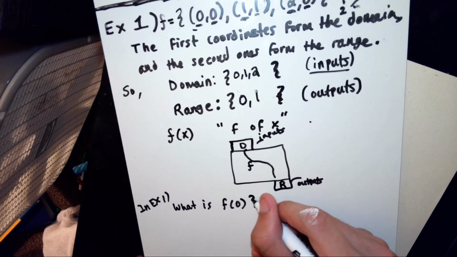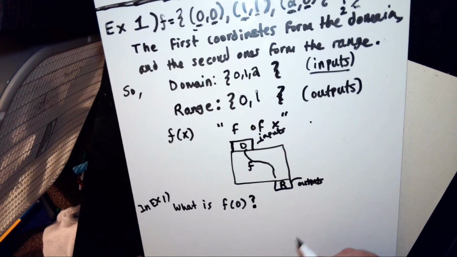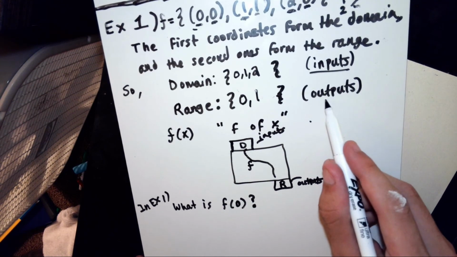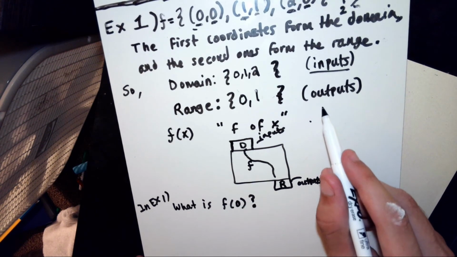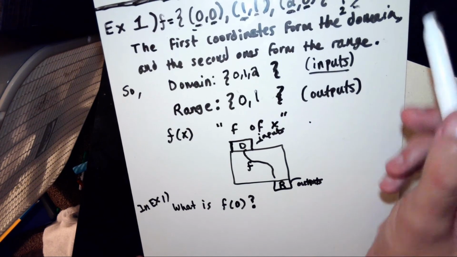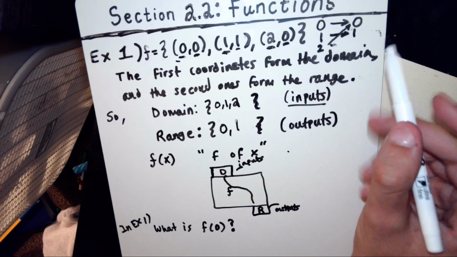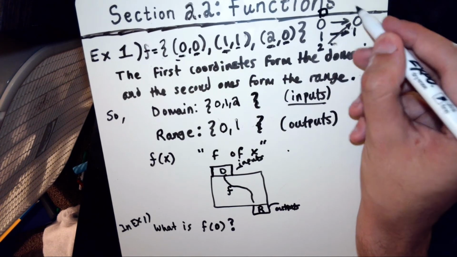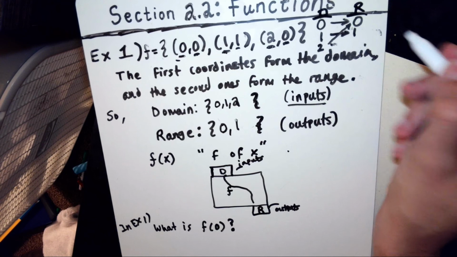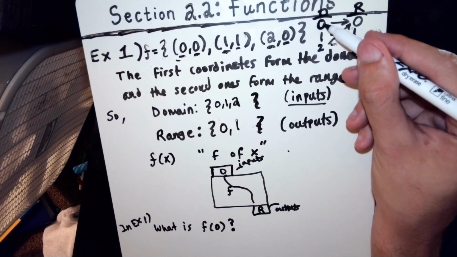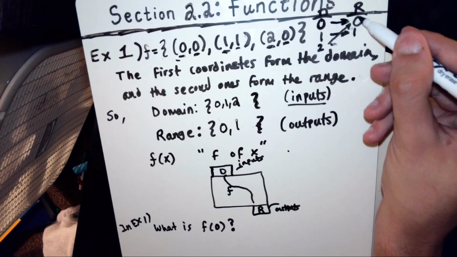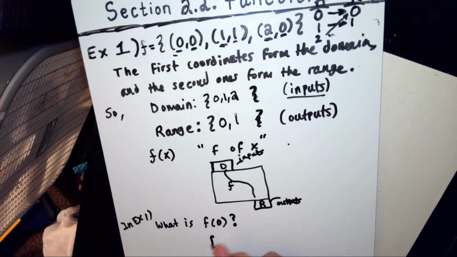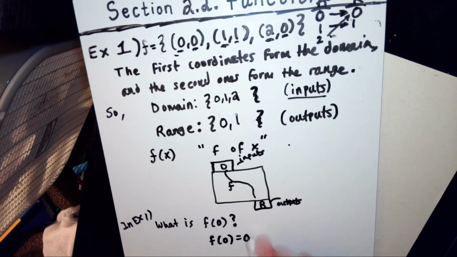Well, f of 0 is asking what y value, what output, is associated with 0. In this picture, this is your domain, this is your range. The y value associated with 0 is 0, right here. So f of 0 is just 0.